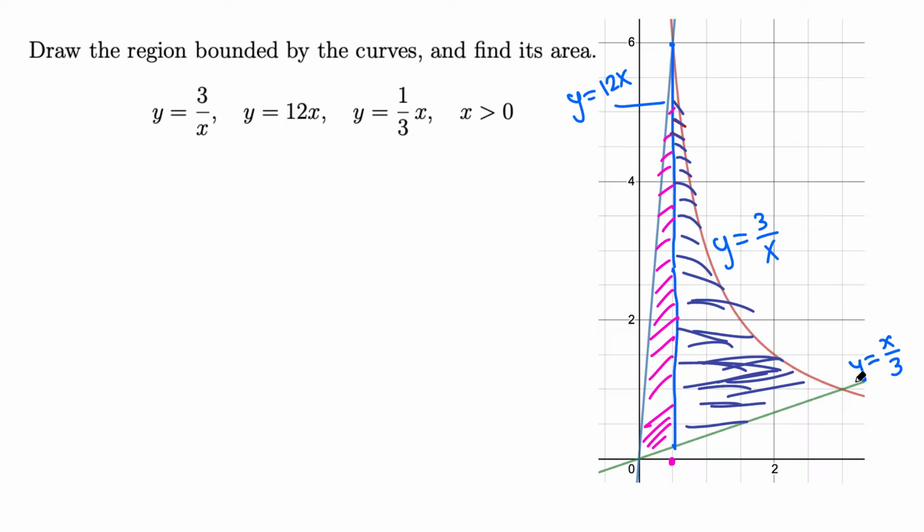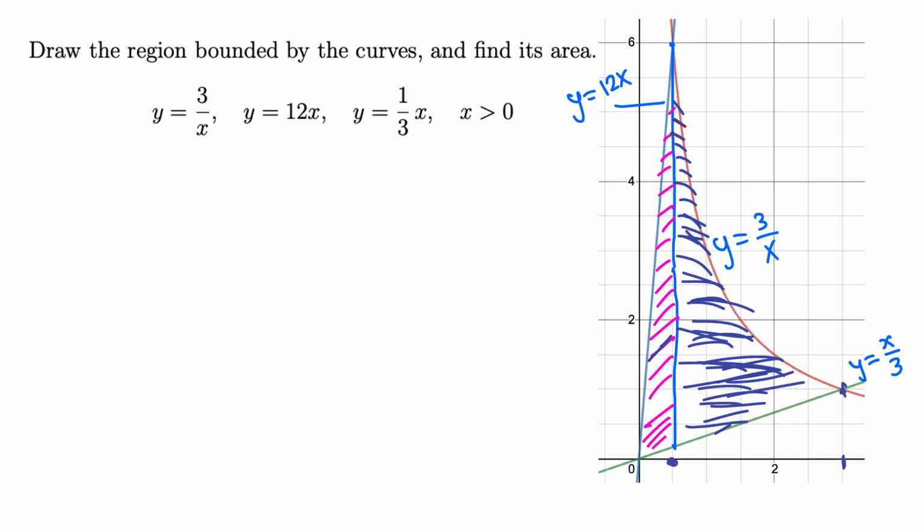So I'm going to go from here all the way here. So I need to know x coordinate for this point of intersection and x coordinate for this point of intersection. Then for this region, upper curve is 12x, lower curve is x over 3, and for this region, upper curve is 3 over x and lower is same.